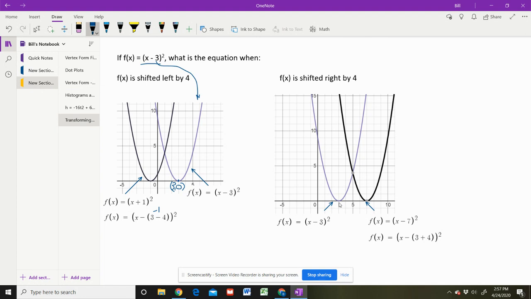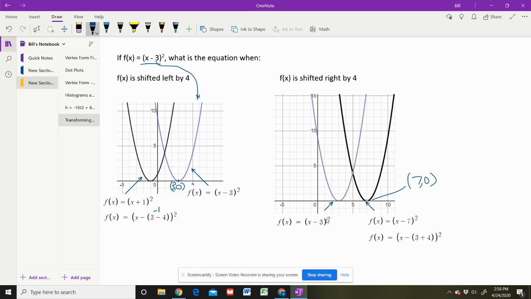I'm going to shift 4 spots, 1, 2, 3, 4. I end up right here. And so I know that my vertex is going to be 7, 0. And if we knew that and just plugged it right into our vertex form, I would have gotten this. But if we want to just do the math, do the translation, we could have taken 3 plus 4 to give me 7, so it's x minus 7.